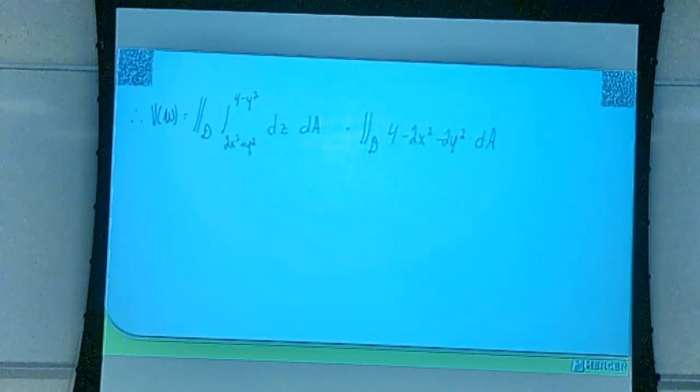I am actually going to write it this way this time. And there's going to be 4 minus y squared minus the 2x squared plus y squared, right? That's what we have.